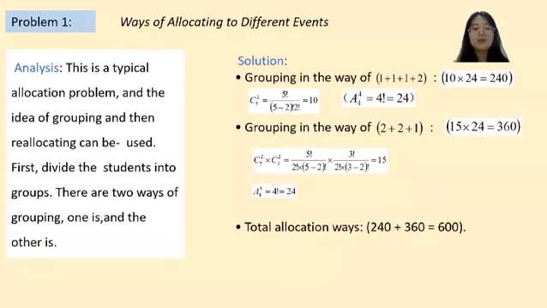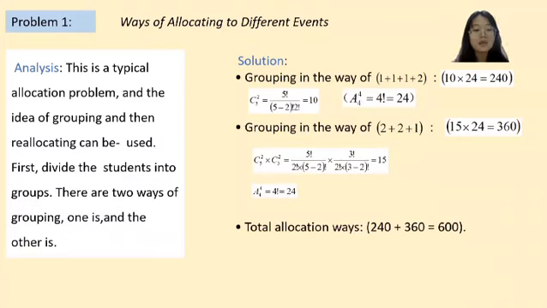Next, consider the 2 plus 2 plus 1 grouping method. First, we select 2 students from 5. Then we select 2 students from the remaining 3. However, we need to note that there is a duplication problem here. The 2 groups of 2 students are indistinguishable.